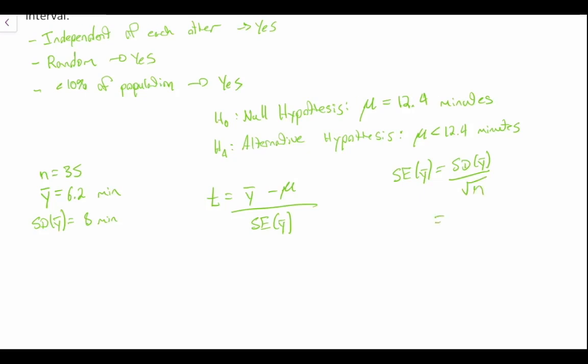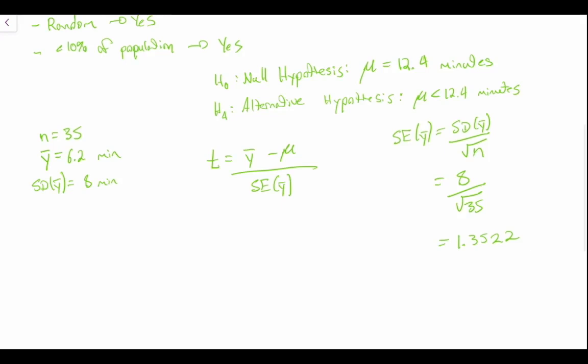So therefore, 8 divided by the square root of 35 is equal to 1.3522. We'll just put it to 4 decimal points.